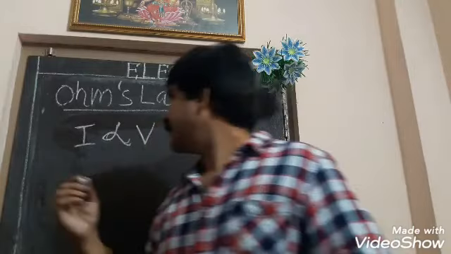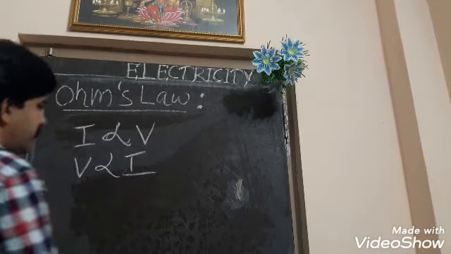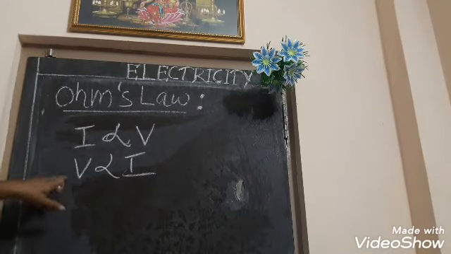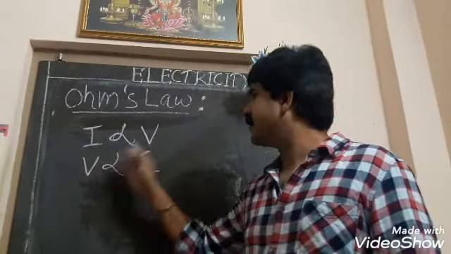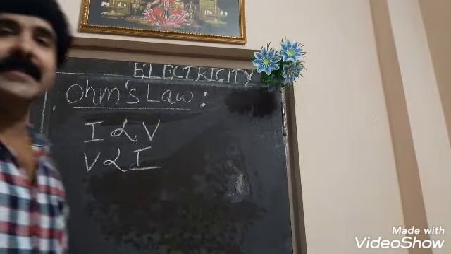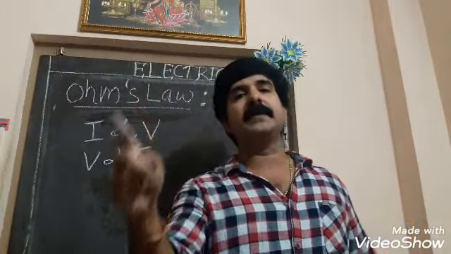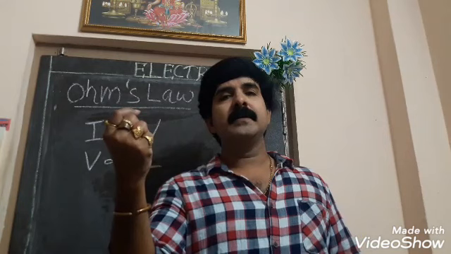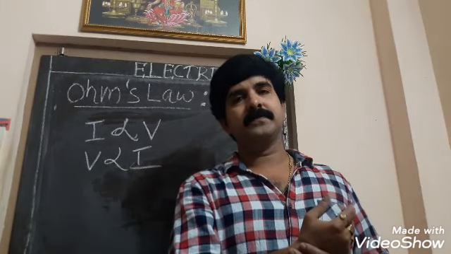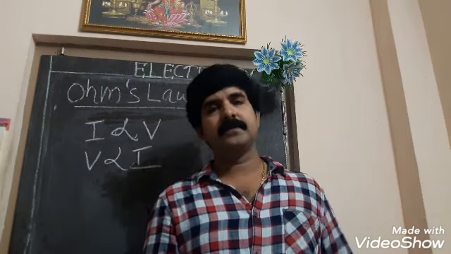Conversely, V is proportional to I, because the generator, like a dry cell, supplies the potential difference V. When I is proportional to V, automatically V is proportional to I. As we increase the potential difference between the two terminals, the flow of current will increase. If you increase the size of the battery, the current will be increased. If you decrease the potential difference, the current will be decreased.